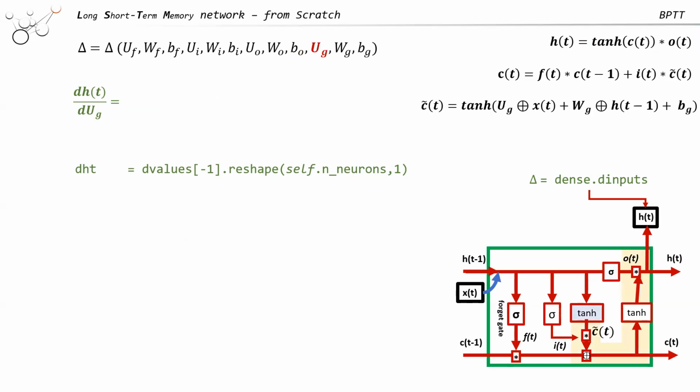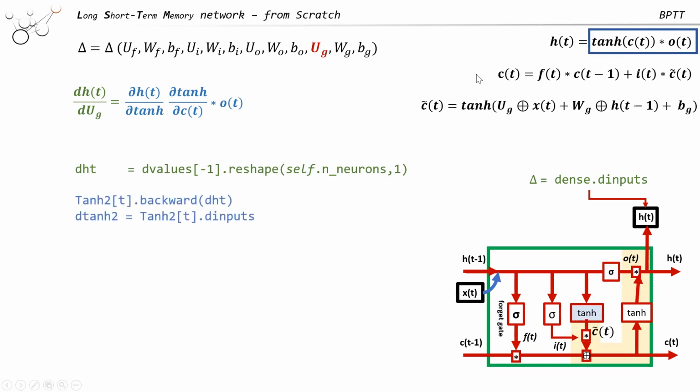All right, so that's almost it. Of course, we have to do this for C tilde as well. Again, we just follow the derivatives. So CT is a function of C tilde. So we have to take this derivative from the tangents hyperbolicus we have earlier, then times the inner derivative, times the derivative of C tilde.